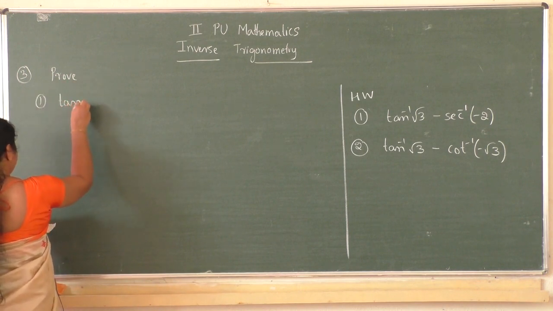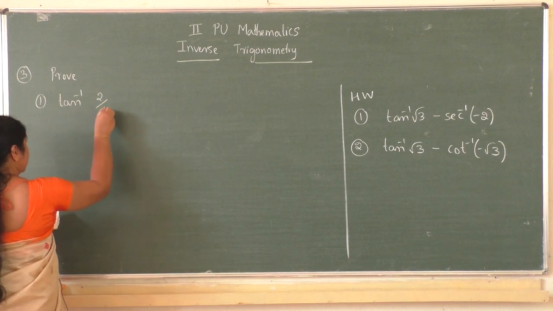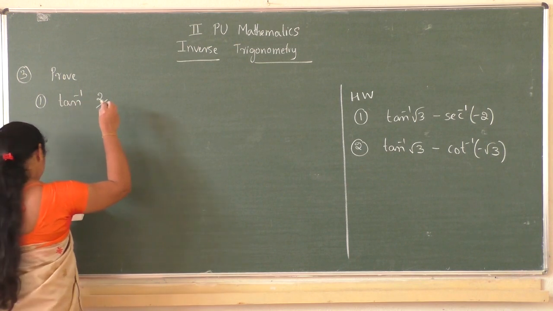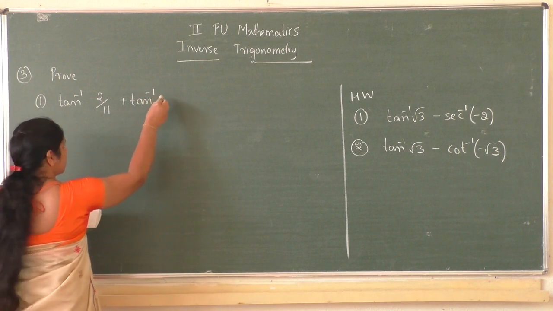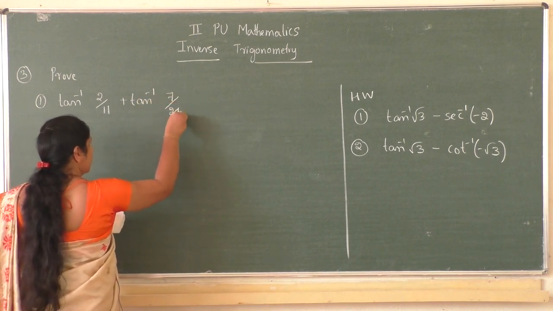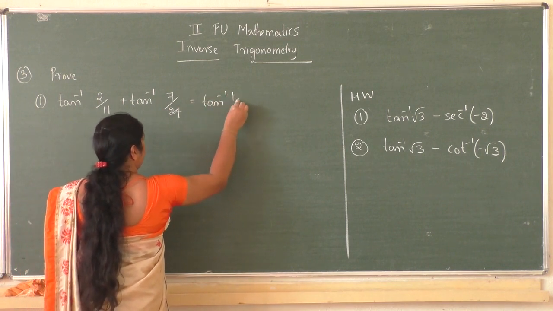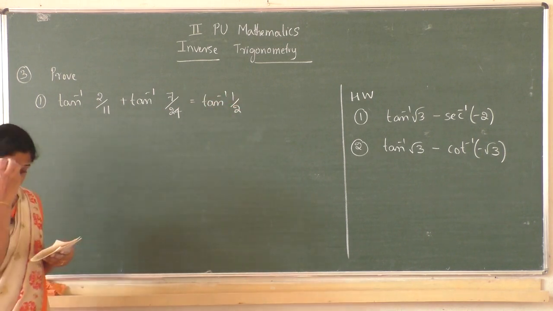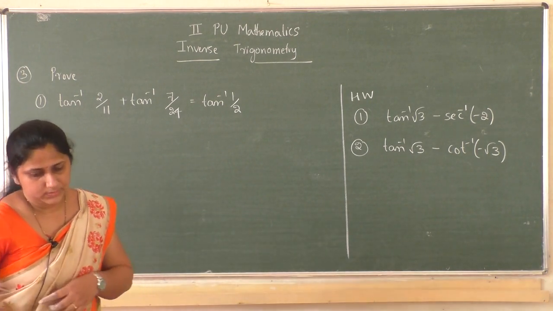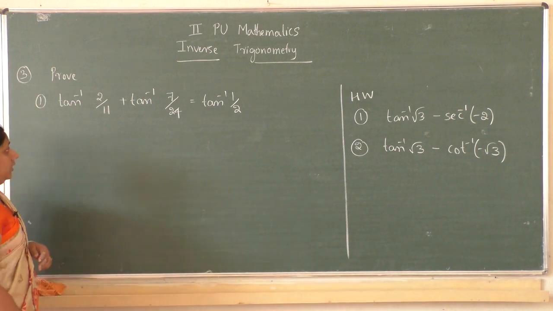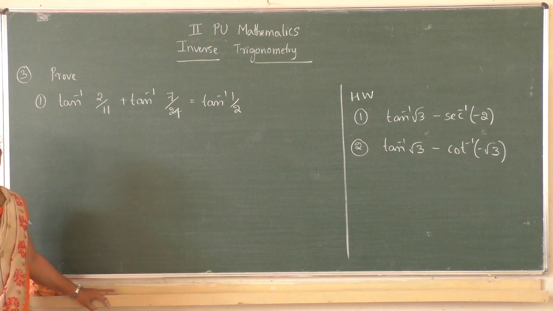First question: tan inverse of 2 by 11 plus tan inverse of 7 by 24 equal to tan inverse 1 by 2. Tan inverse 2 by 11 plus tan inverse 7 by 24 equal to tan inverse half.